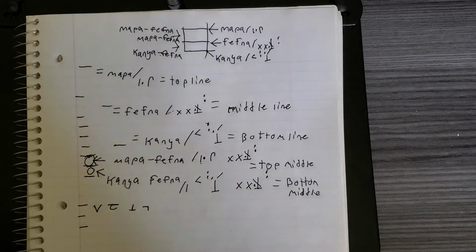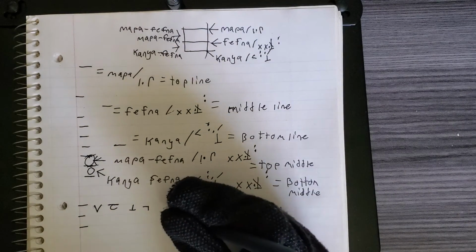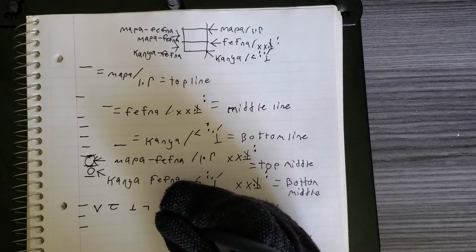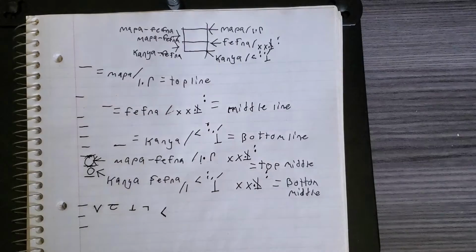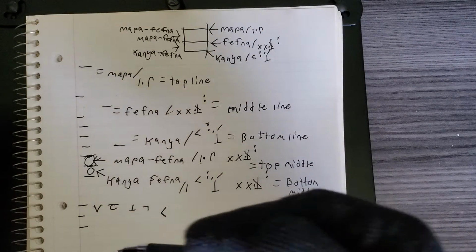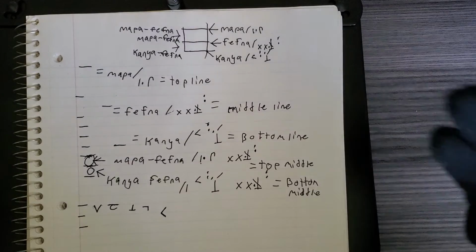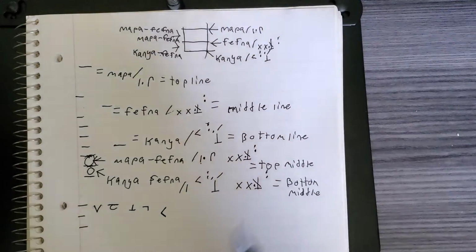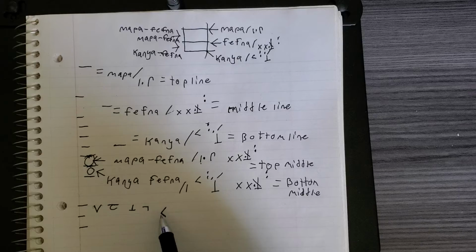Alrighty, moving down. Here we go. This letter here is known as a fefna letter. The reason why is because its little bases are touching fefna.